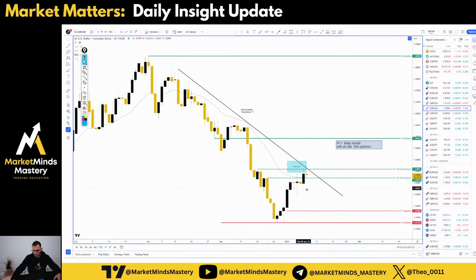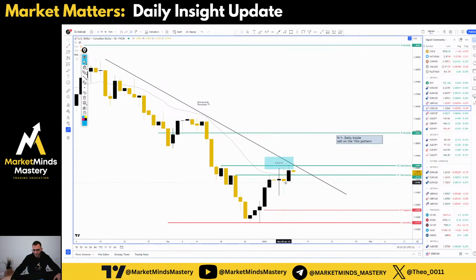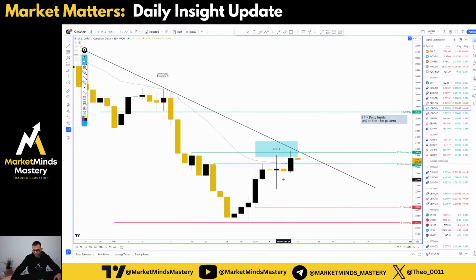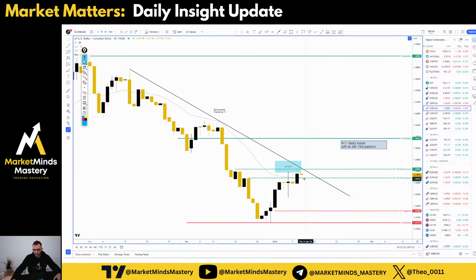USD CAD, I was looking again to get involved to the downside, but I didn't get filled, to be honest. I had a pending order to go short at the break of this low, but on my broker account, price didn't break below Monday's low, so I didn't get triggered in that trade.